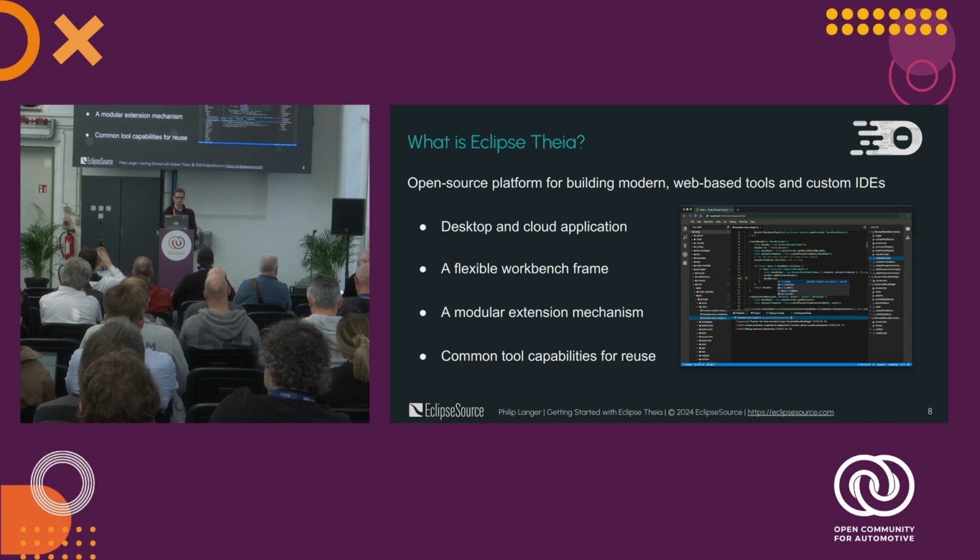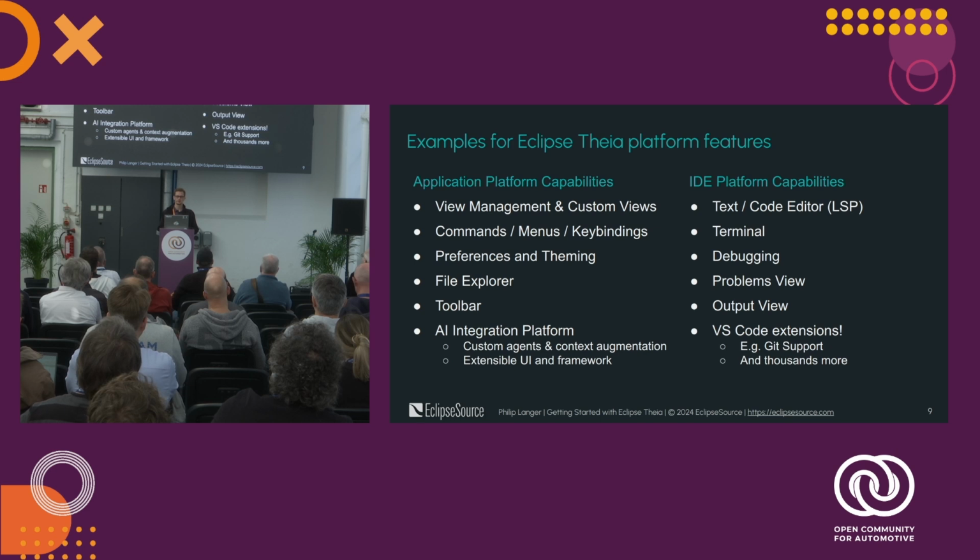And last but not least, which I already mentioned a bit, there is a quite broad range of common tool capabilities that a lot of tools will need, which you can use to augment your domain-specific or your particular business logic. Examples for these common tool platform capabilities can be categorized roughly in two, and there are many more; I just picked the most typical ones.